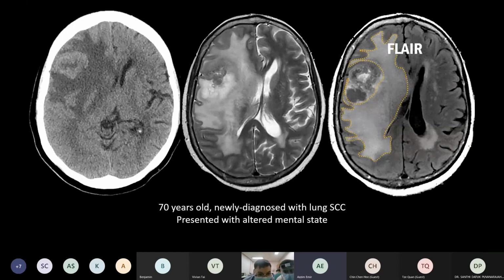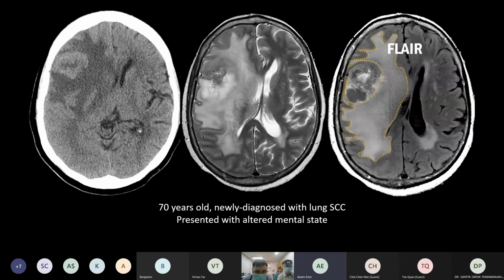Sorry, no, it's a CT brain. There is a hyperdense lesion in the right frontal lobe, as well as surrounding vasogenic edema, sort of finger-like projections on the CT.